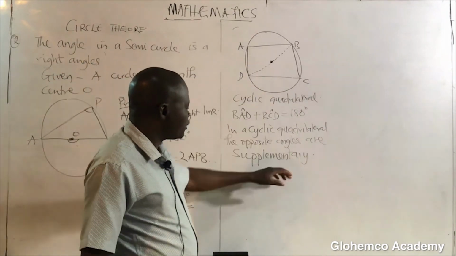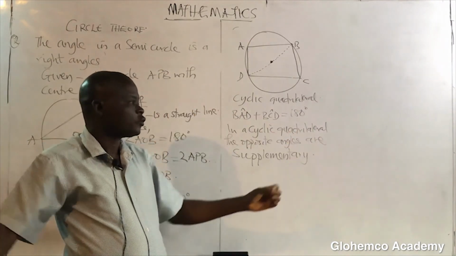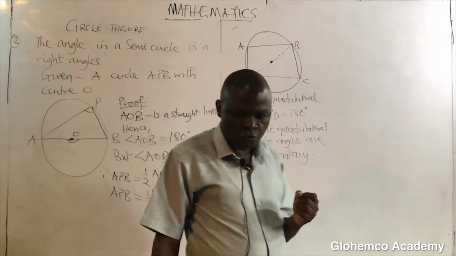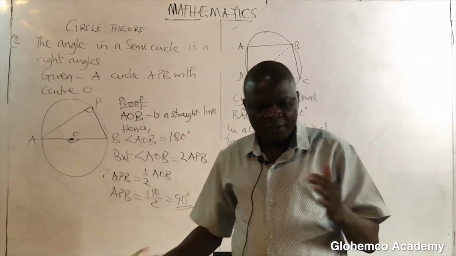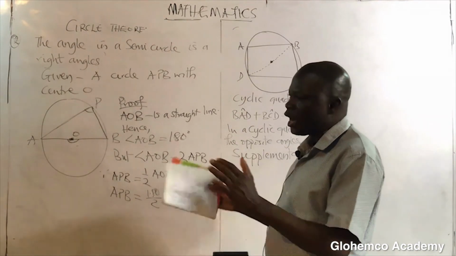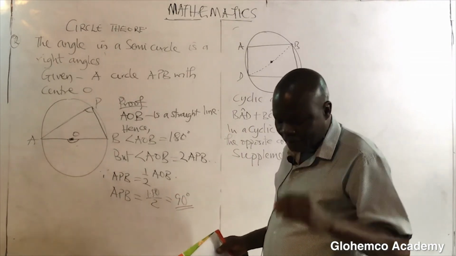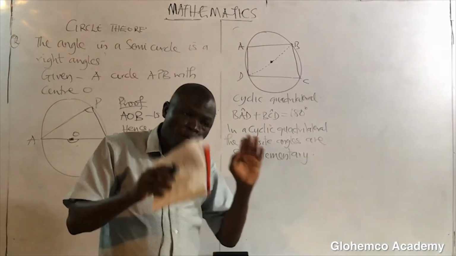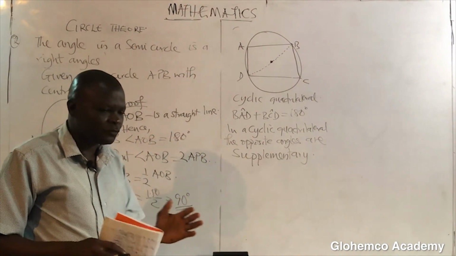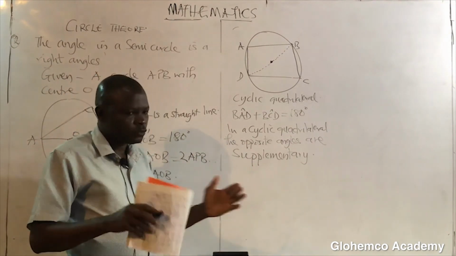So what do we mean by supplementary? When you add two angles together, it must give you 180. Then they are supplementary. When you add two angles together and it gives you 90, that one is complementary.